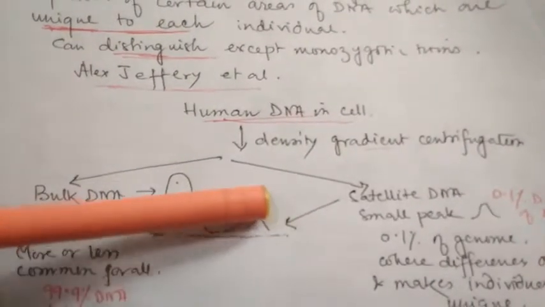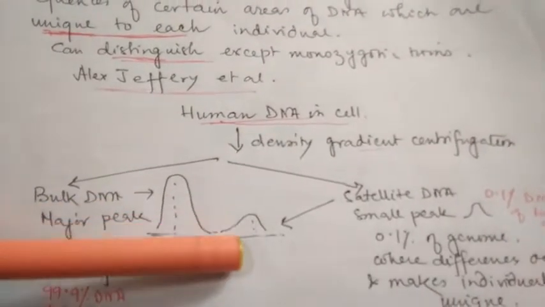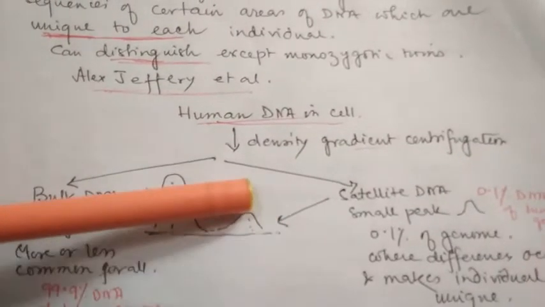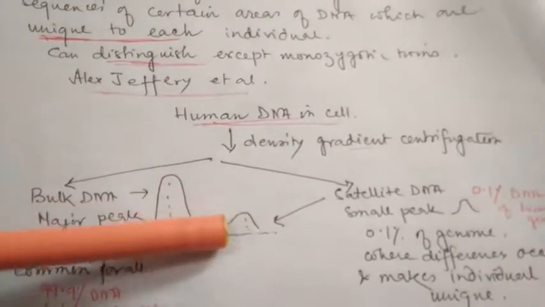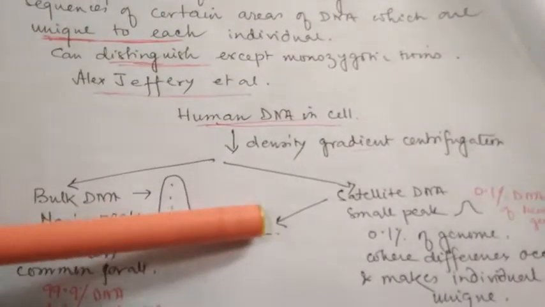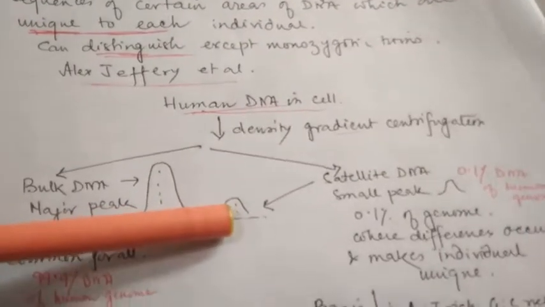Because we want to distinguish one person from another, we will mainly target the areas where there are differences. So this region is called satellite DNA. Clear? This small peak, the region which is unique to all, is called satellite DNA.